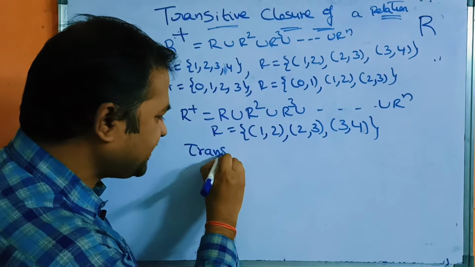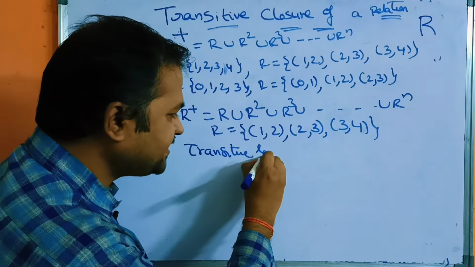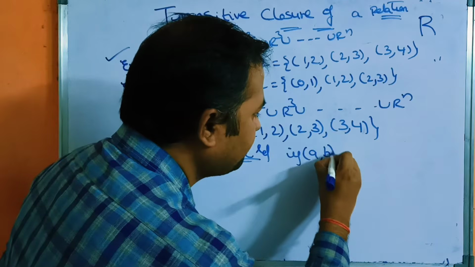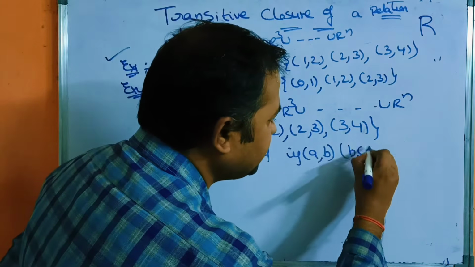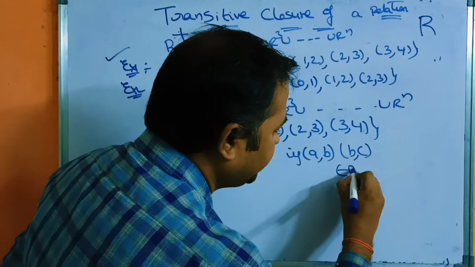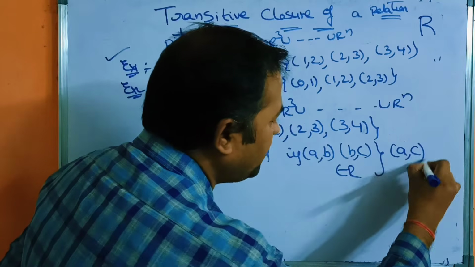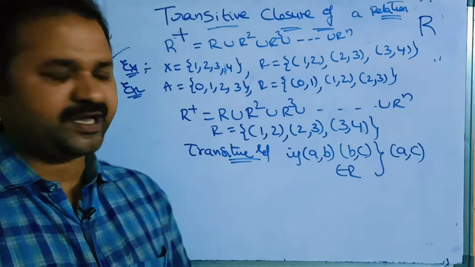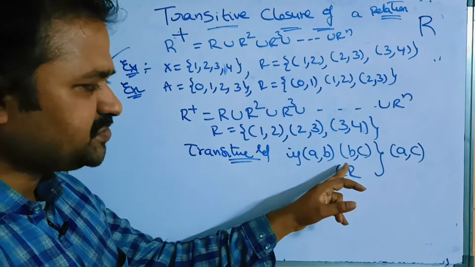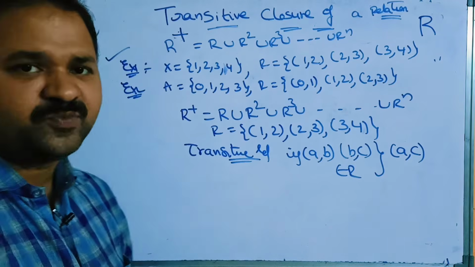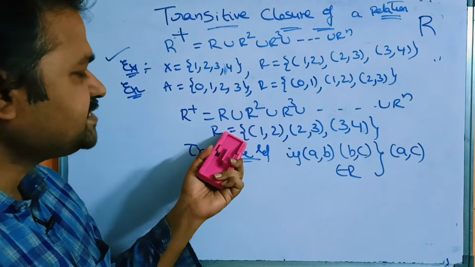We know about transitive relation. So what is a transitive relation? If (A,B) belongs to R and (B,C) belongs to R, then (A,C) should also belong to R. Already R is given.